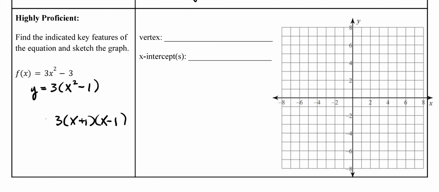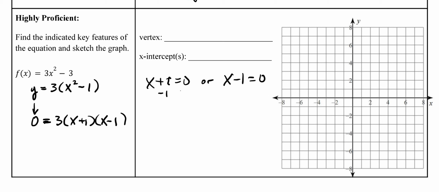So then if I want to know where my x-intercepts are, I'm just going to set my y equal to 0. And then set the variables all equal to 0. 3 cannot be 0 because it doesn't have a variable with it, so it's just going to be 3. But x plus 1 and x minus 1, I can write x plus 1 equals 0, or x minus 1 equals 0.